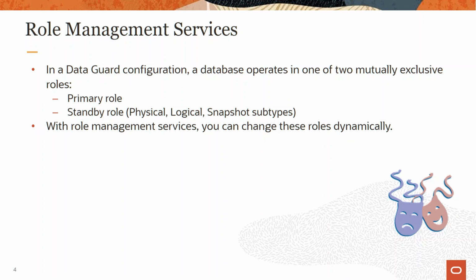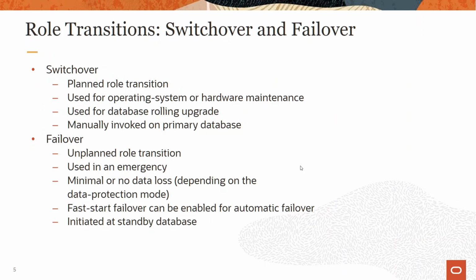With the role transition service, you can change a database role from standby to primary, or primary to standby. So let's take a look at what's different between switchover and failover in the role transition service. Switchover is to change a database role from primary to standby, standby to primary.